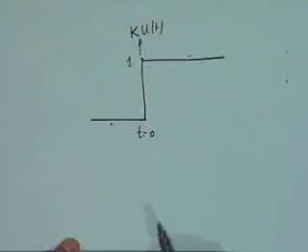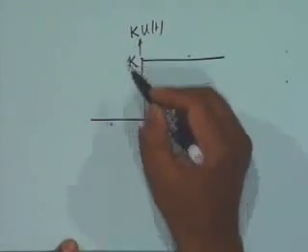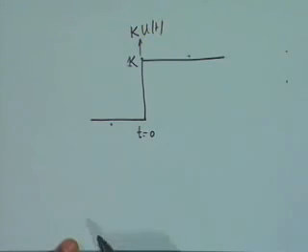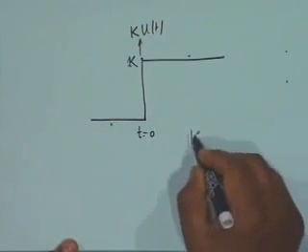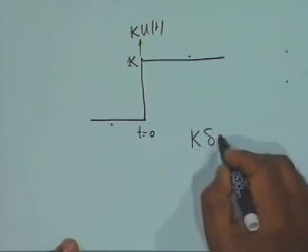On the other hand, if instead of a unit step, it is, let's say, a step of magnitude k, then this amplitude shall be k, and the d/dt of this shall be k delta t.